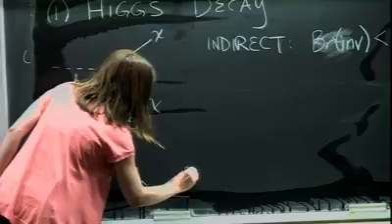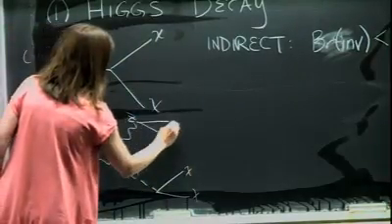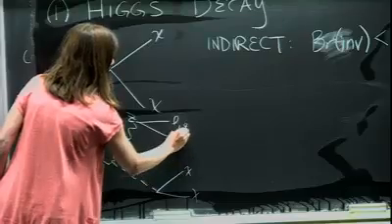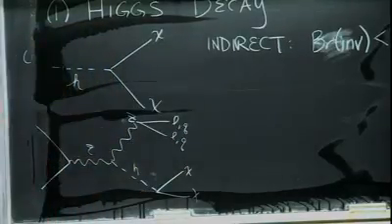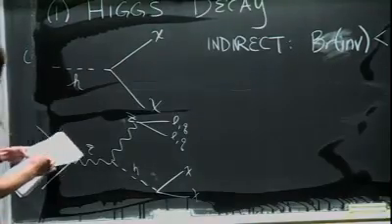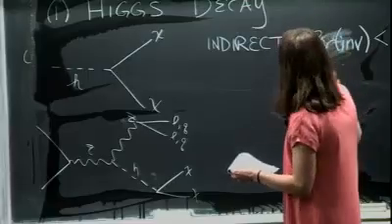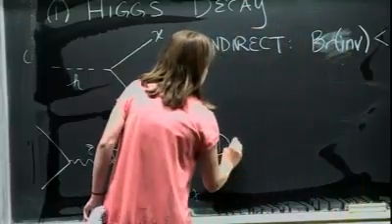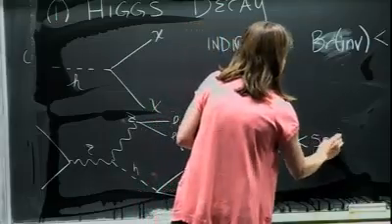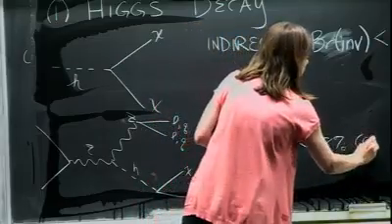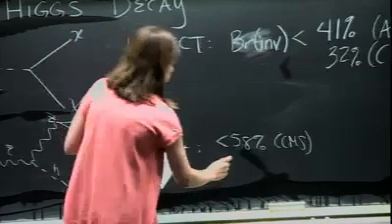Here it would decay invisibly to the dark matter, and then the Z would decay to leptons or quarks. But you would identify this, and then you would look to see if there was any other missing energy in the event. And the limits from searches like this are very similar to what's already been found. So less than 58% is the CMS limit. And the Atlas limit's actually quite good. It's less than 29%.